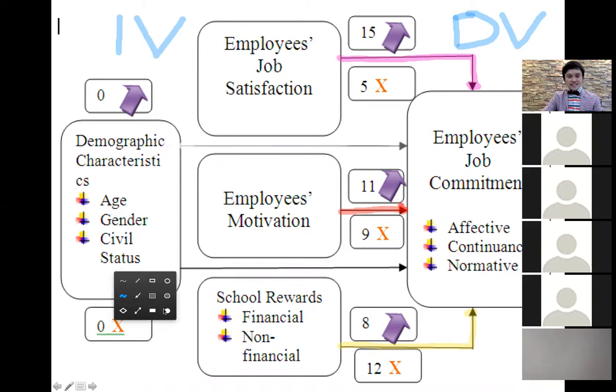Para mas maintindihan natin, kasi baka malito kayo eh. Ayaw niya mabura. Anyway, let us assume na wala to. Itong binubura ko na to, let us assume na wala yan, na hindi nyo nakikita. Alright?